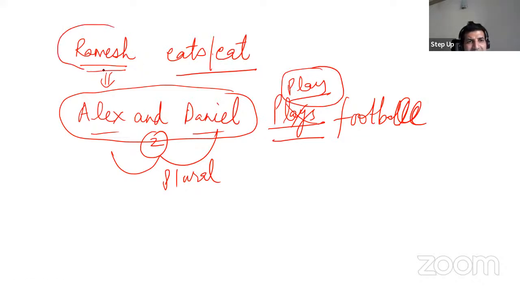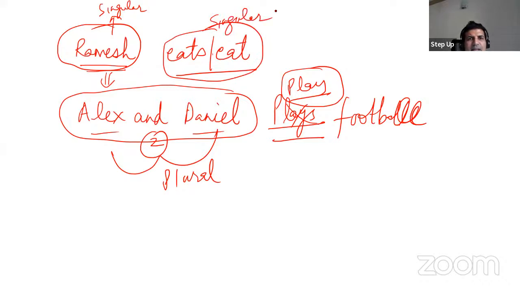When your subject is singular, meaning this is one person, your verb should also be singular. That's what I'm trying to say. So for example, Ramesh eats, but if I say they eat.